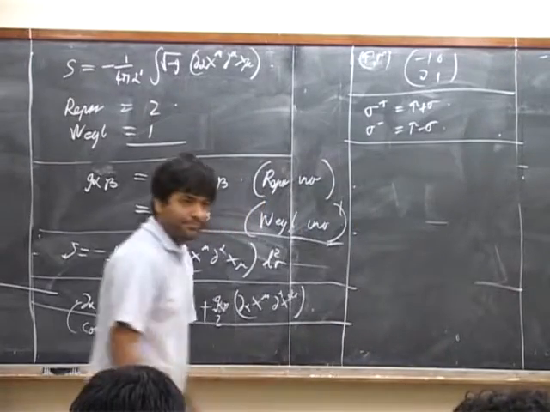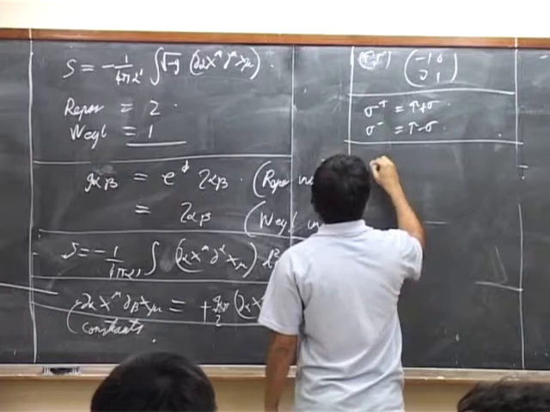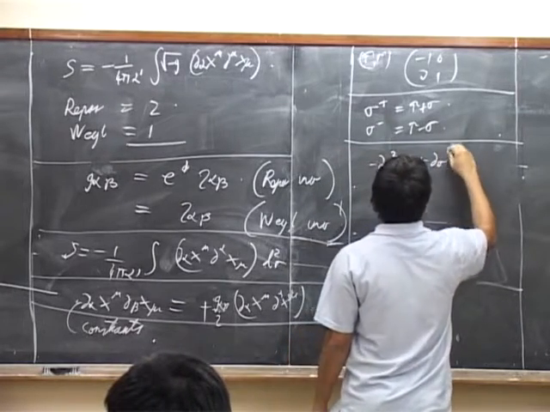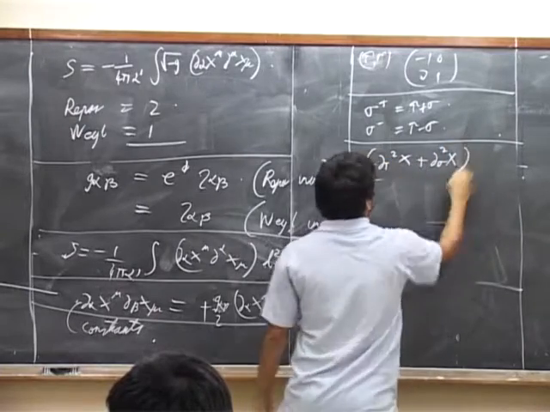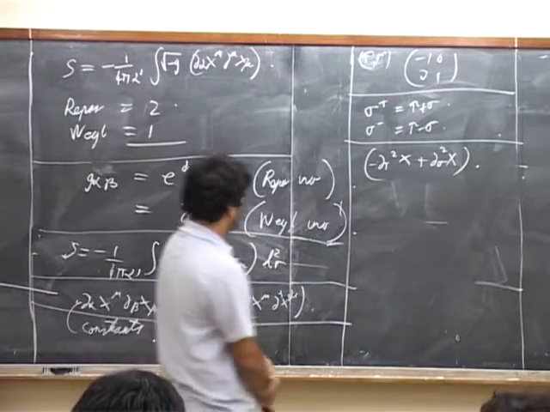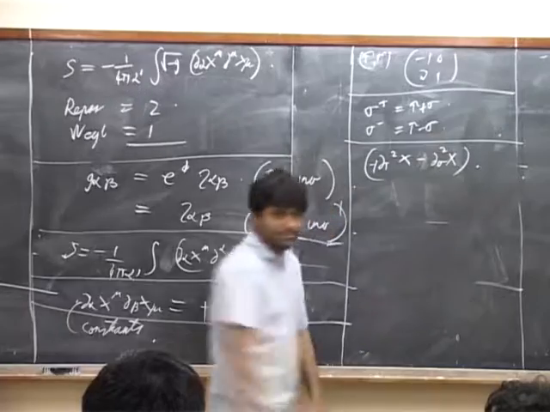Firstly, about the action. This thing was minus del tau squared of X plus del sigma squared of X. But there was a minus sign, so that's a plus and minus.